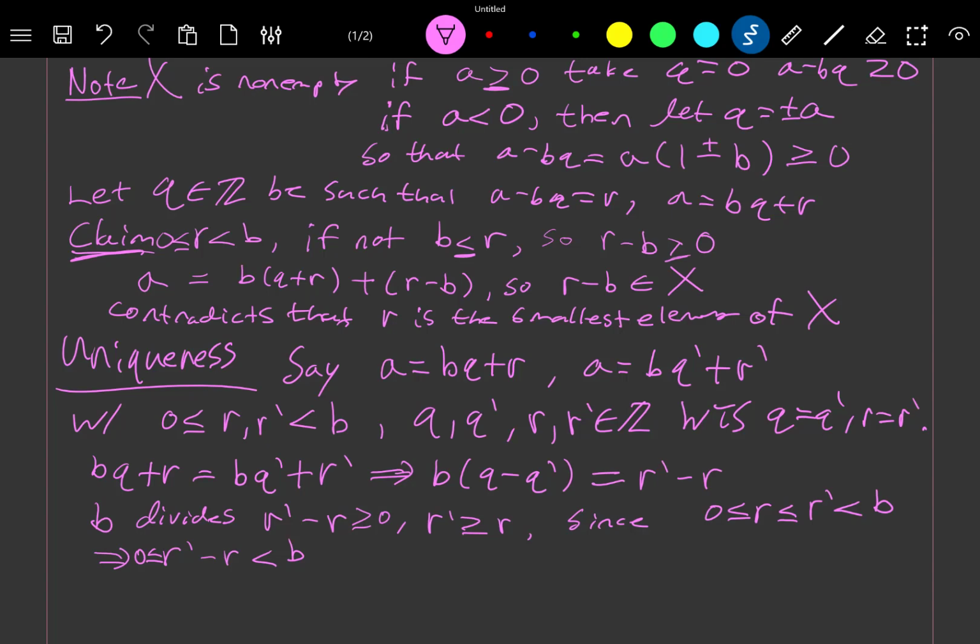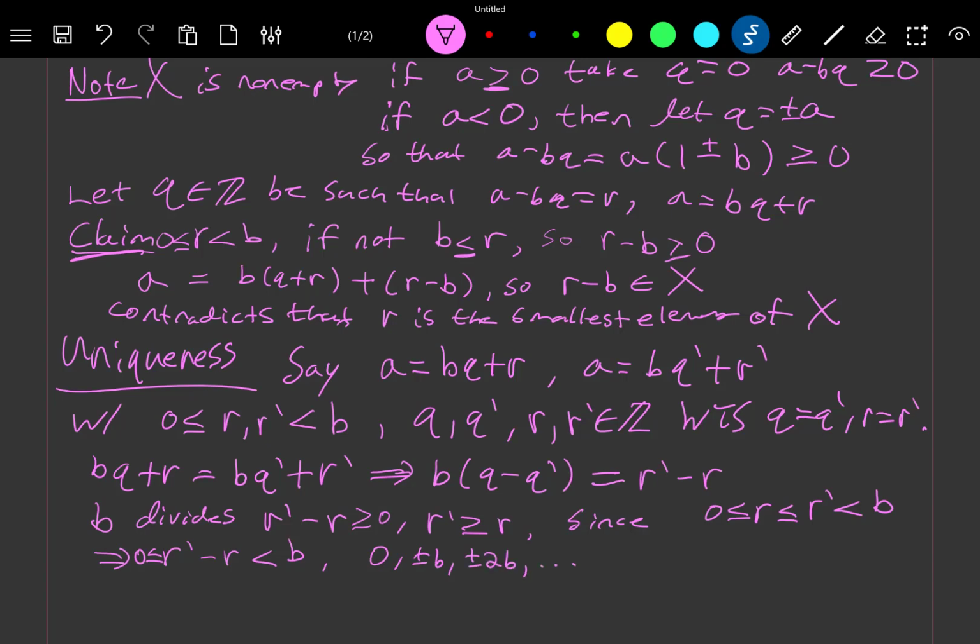But since B divides this number, that implies, well, what are the multiples of B? The multiples of B are 0, plus or minus B, plus or minus 2B, and so on.